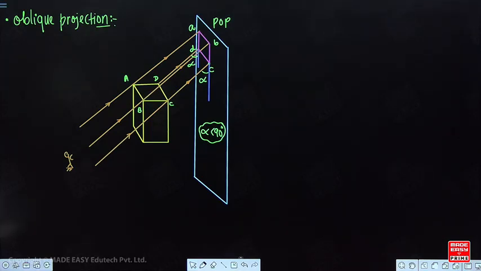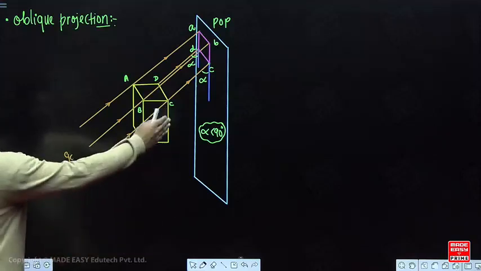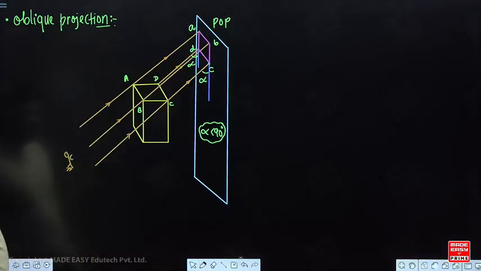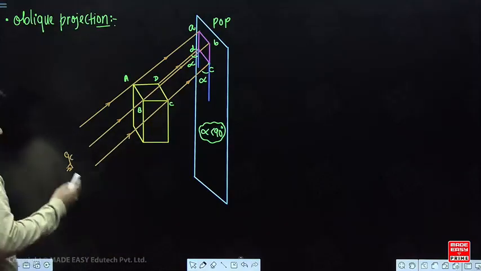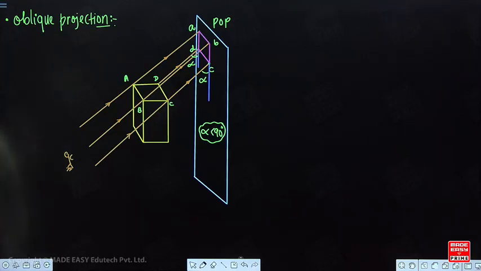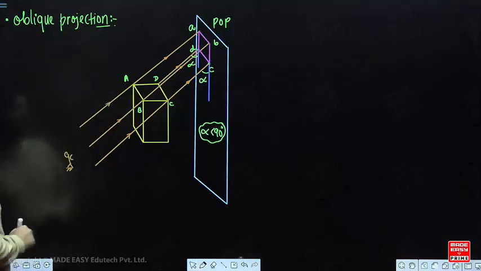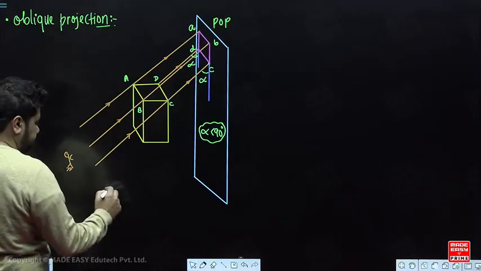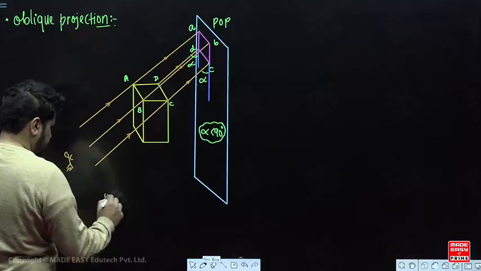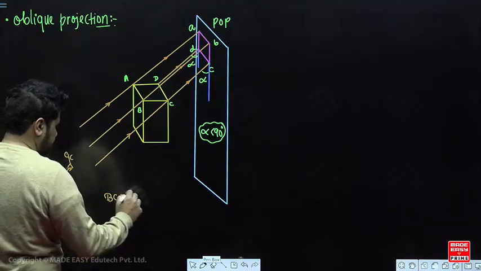POP is always the front view with respect to the observer. Here this is your front, because this is the vertical plane. So I have drawn the projection in the vertical plane, correct. Now this BC line, it is the actual length.